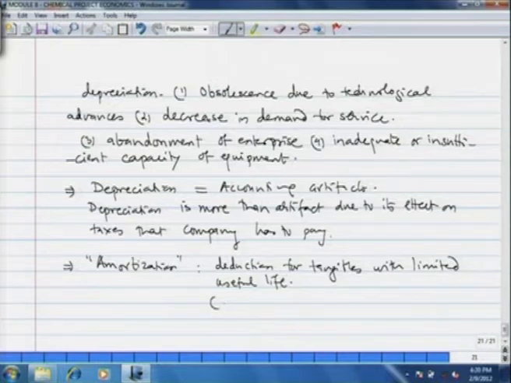And thus, the patents and copyrights are also included in the depreciation, or patents and copyrights are the amortizable entities.